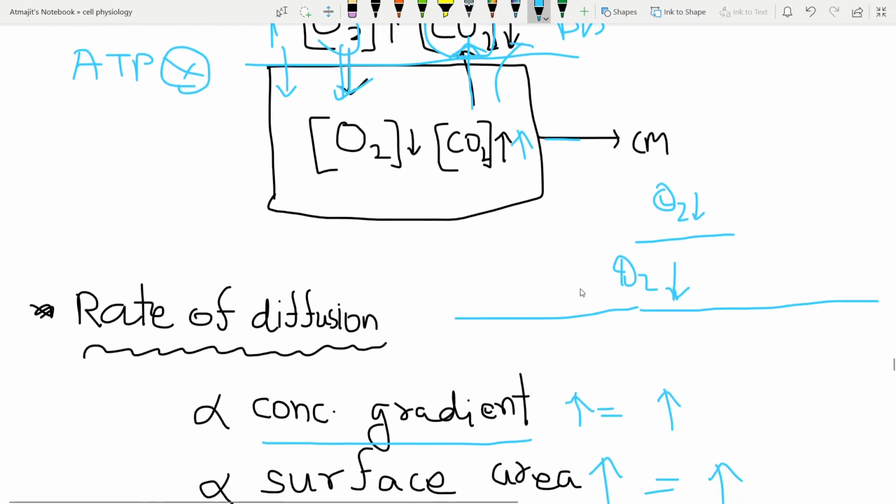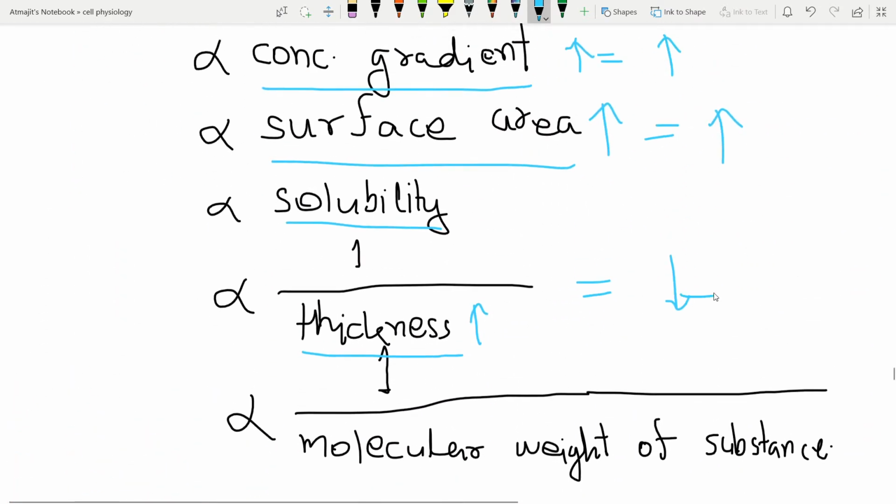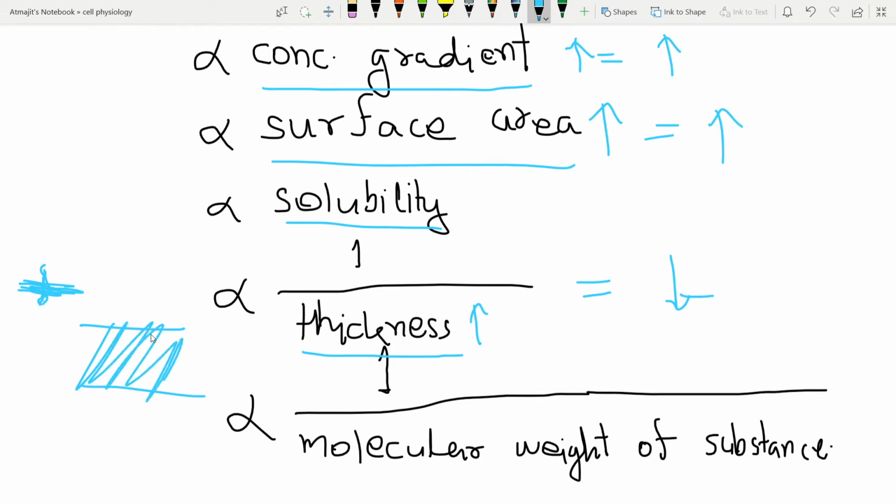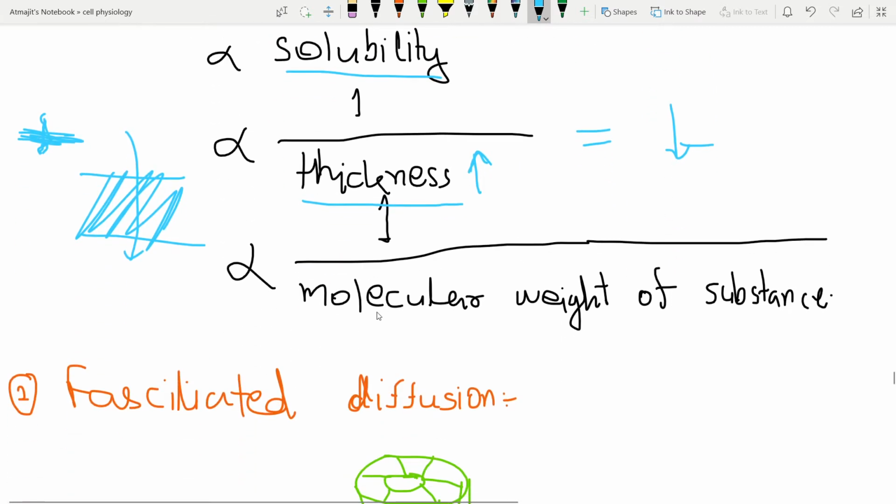If the membrane is this thin, there is only a little path to travel for oxygen or carbon dioxide. But if thickness increases to this much, then it has to travel farther, so the amount decreases. So if thickness increases, then the amount of diffusion decreases.